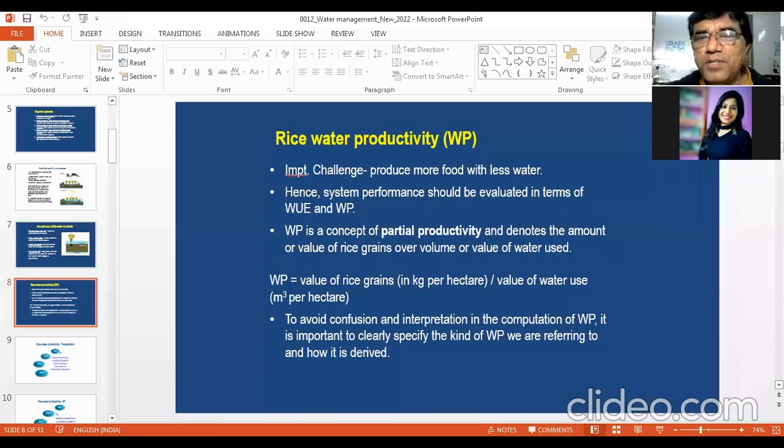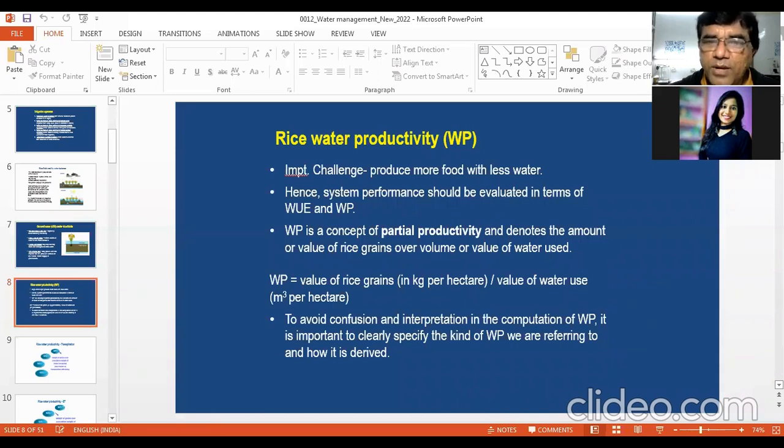System performance should be evaluated in terms of both water use efficiency and water productivity. Water productivity is a concept of partial productivity, and denotes the amount or value of rice grain over the volume or value of water used. Water productivity is equal to the value of rice grain in kg per hectare.